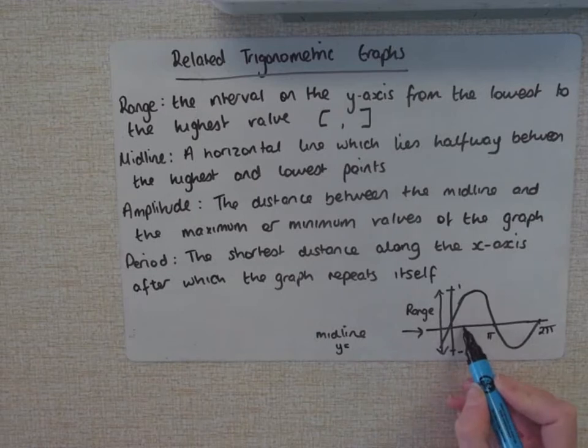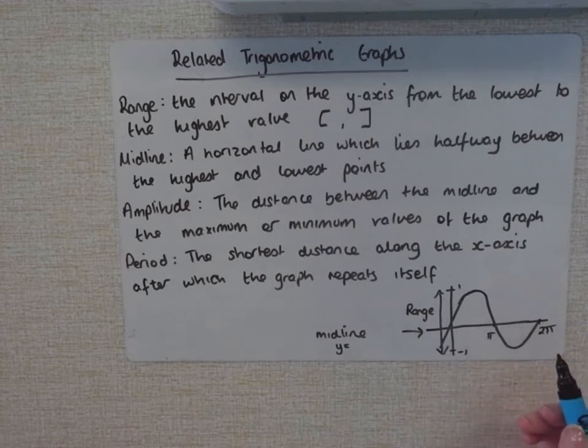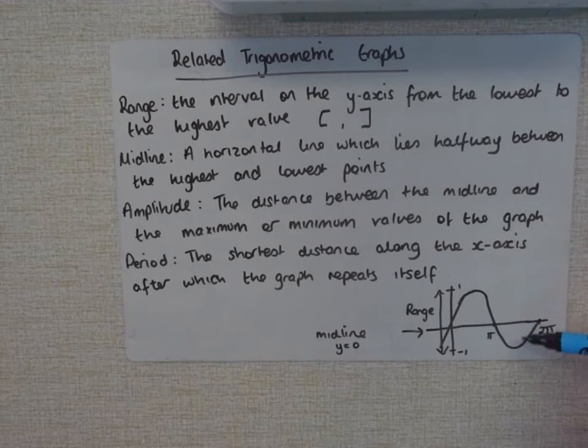Anywhere on this line, what's my y? 0. So the equation of that midline there would be y is 0, because the distance from here to here is 1 and the distance from here to here is 1. So we're going halfway between 1 and minus 1, which is 0.